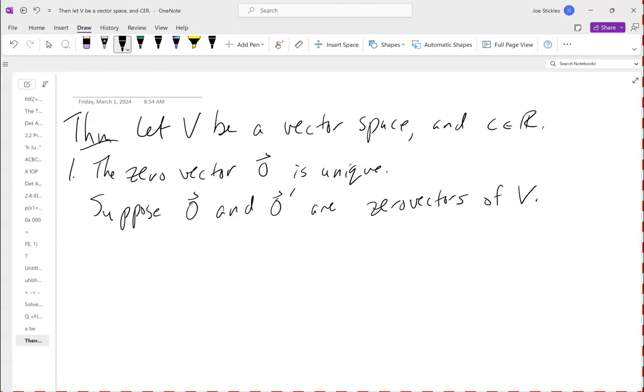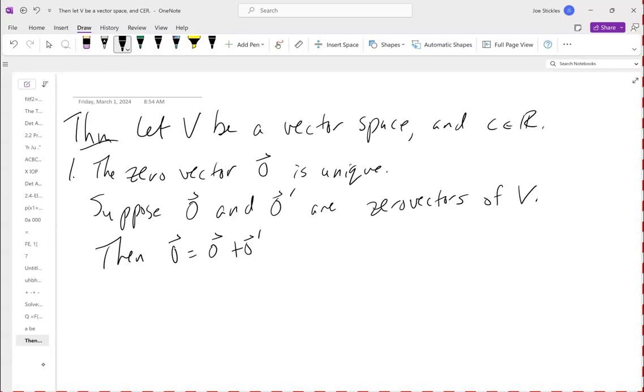So, oops, should be an equal sign. This first statement is that 0 prime is behaving like the 0 vector, right? If I take 0 prime and add it to this thing I'm calling 0, I should get this thing that I'm calling 0 back again, if 0 prime is supposed to be the 0 vector.